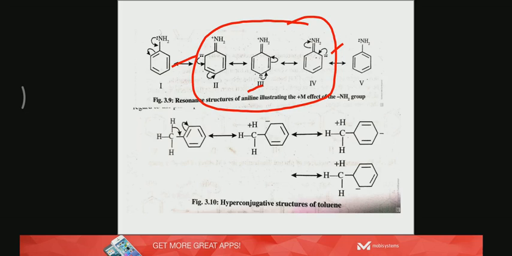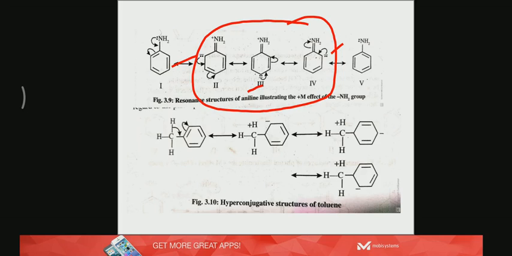Generally, substitution takes place one position at a time. That means mono substitution takes place. So the product may be the ortho substituted product as well as the para substituted product. But if the activating group is highly, strongly activating, then substitution can take place at all positions. That means at the ortho positions as well as the para position.